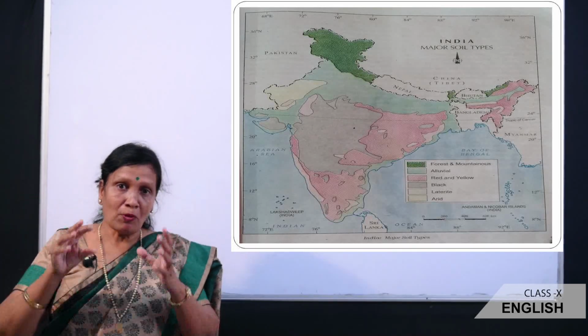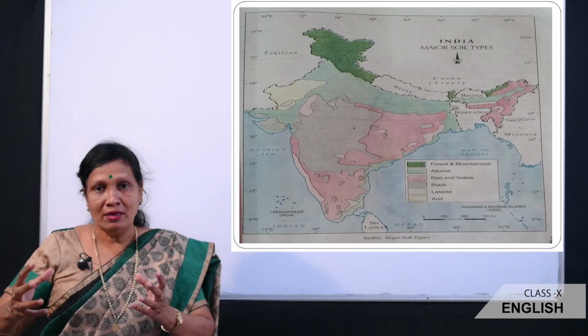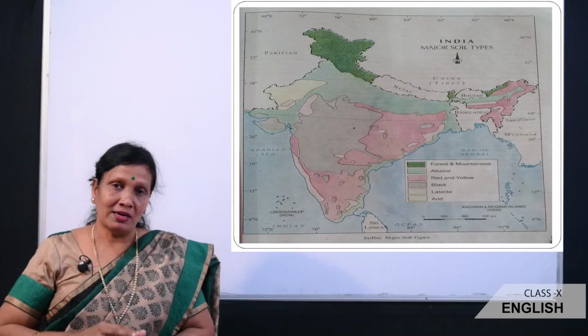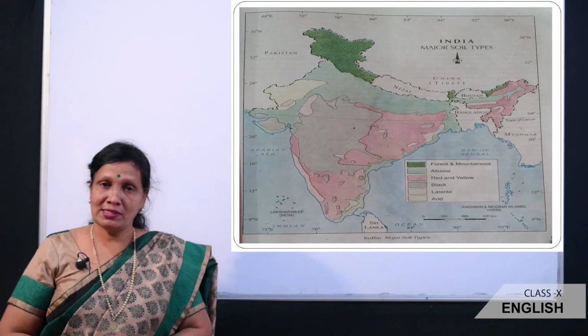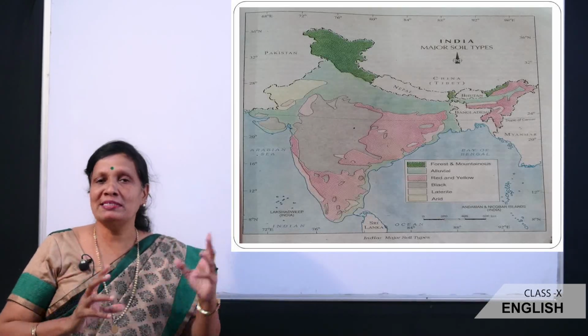How we can support the facts with our own ideas. In the same way, you need to practice more questions related to the visual stimulus or the facts given to you in the form of maps, tables, pie charts.